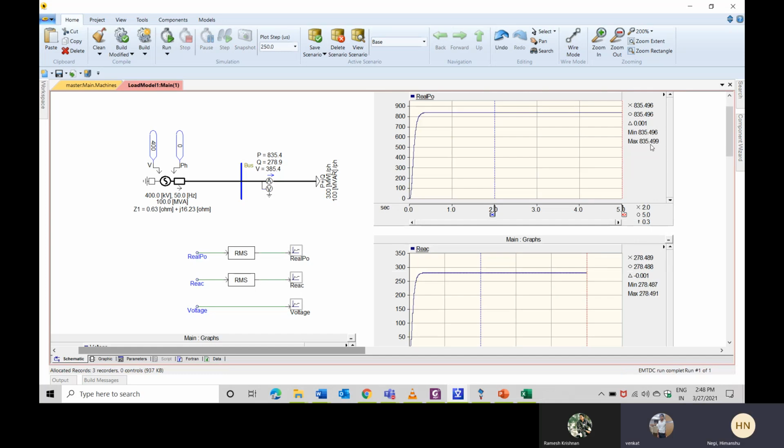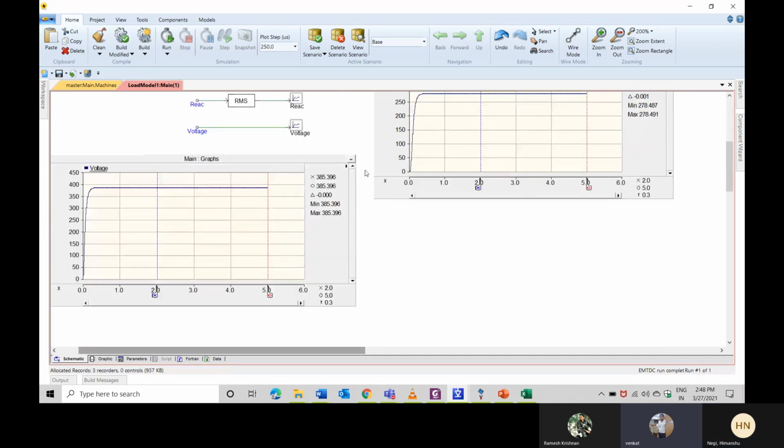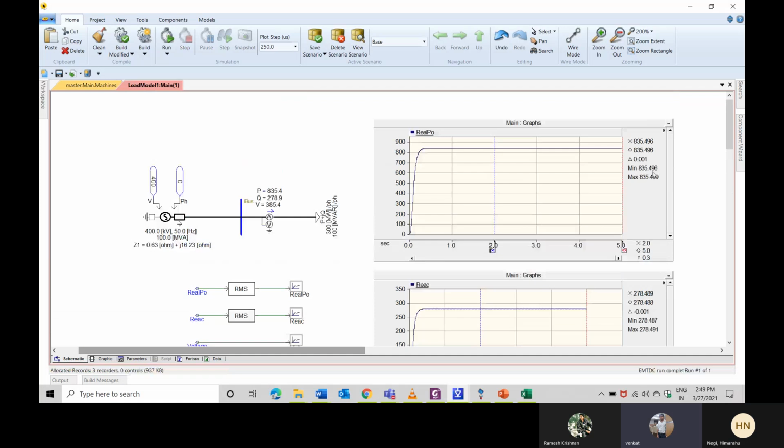Now it has changed to 835. We can match that also: 385.396 divided by 400 gives some value. We have to square that value and multiply it with 900. Then it will be 835.48, which is the value we are getting here.